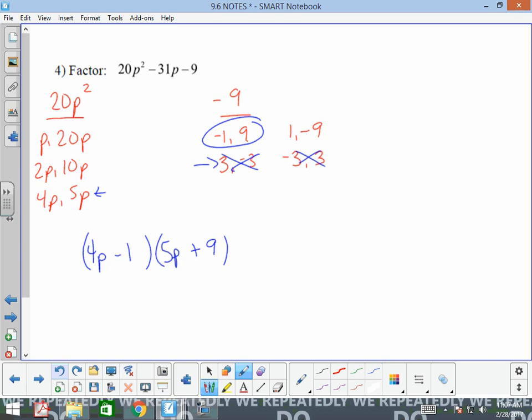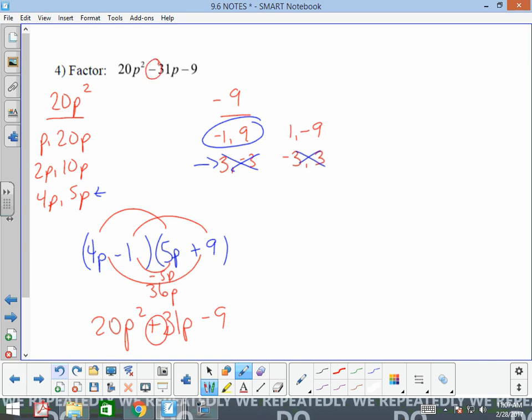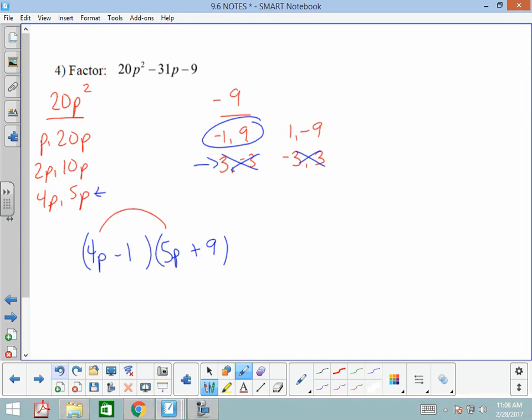All right, so we're going to check 20p squared. This is positive 36p. This is negative 5p. We get positive 31p and then minus 9. Now we have positive 31p. We want negative 31p. So what do we need to do? Leave our numbers exactly where they are and just switch our signs.